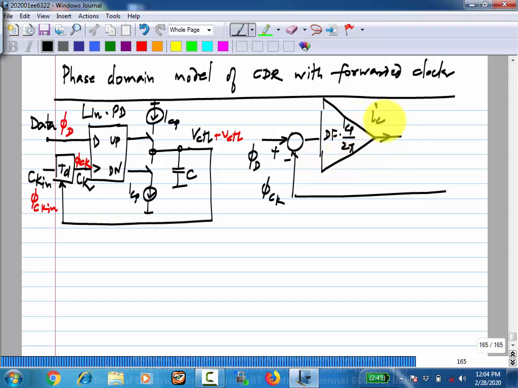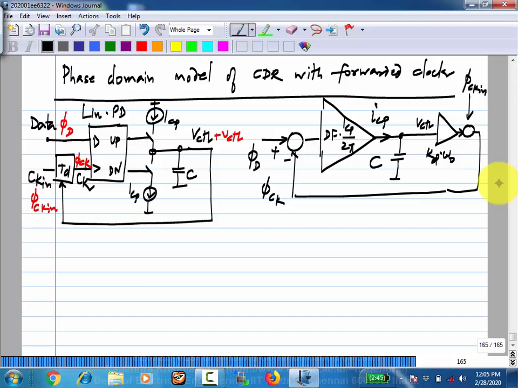This produces an average current ICP, which is a measure of the detected phase, which goes into a capacitor C to give you the control voltage, and this goes to a scaling Kd times omega naught, where Kd is the proportionality constant for the delay line and omega naught is the radian frequency corresponding to the data rate. To this you add the phase of the input clock and you close the loop.